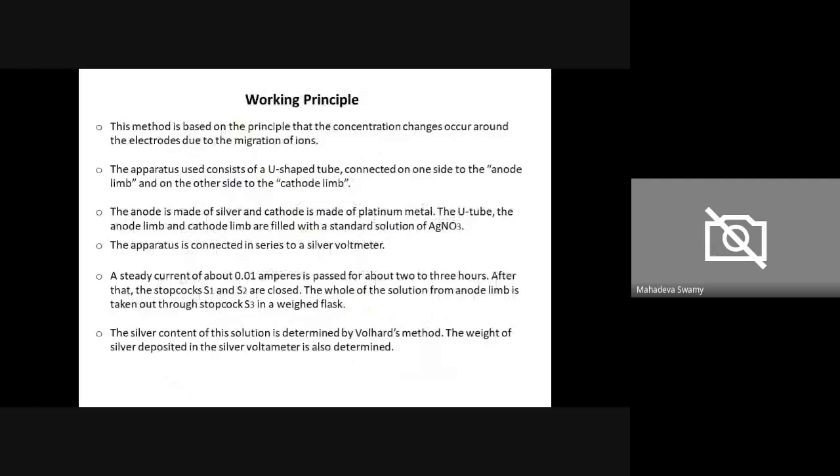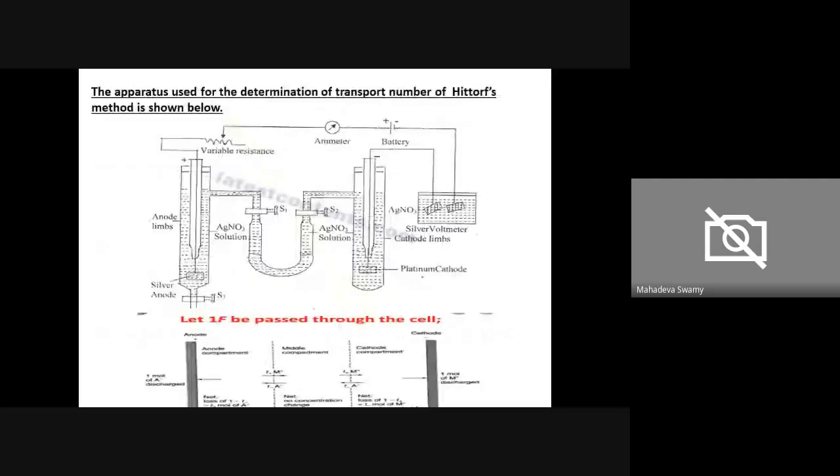Here we pass the current, and the migration of ions takes place continuously for up to 3 hours. After 3 hours, you close the stopcocks S1 and then S2.